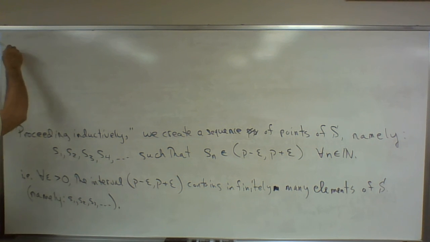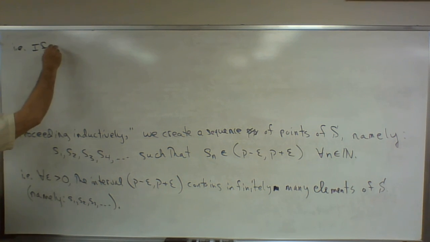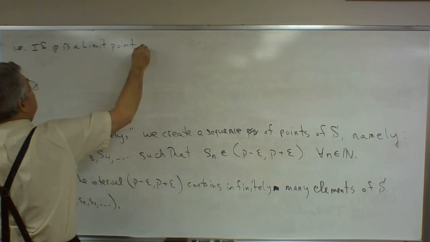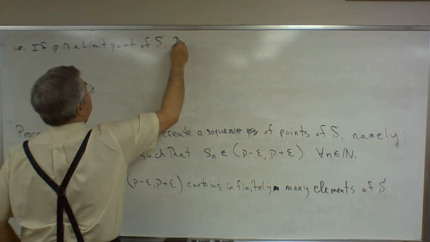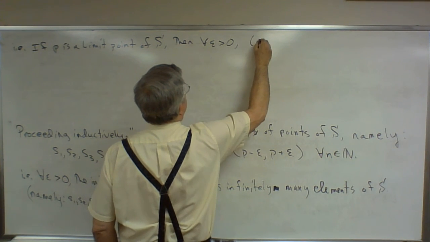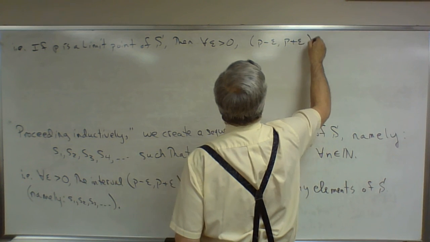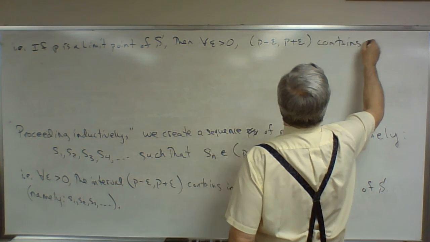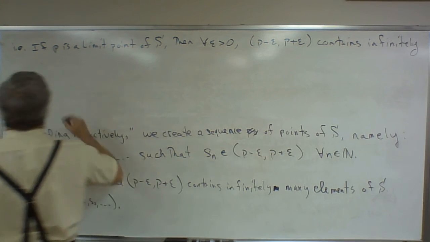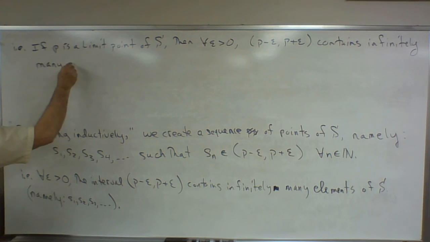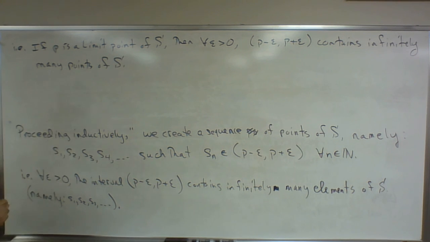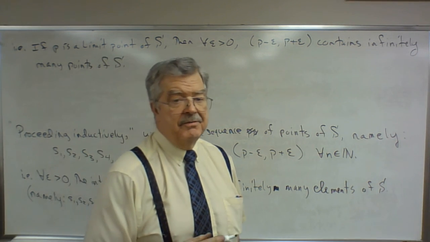Here's what we showed. We showed that if P is a limit point of S, then for each epsilon greater than 0, the interval P minus epsilon, P plus epsilon contains infinitely many points of S. And that's what we wanted to prove.